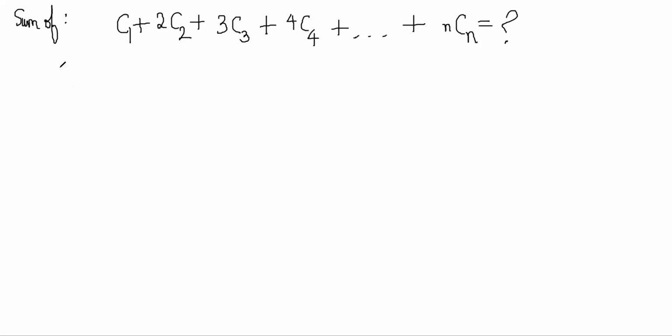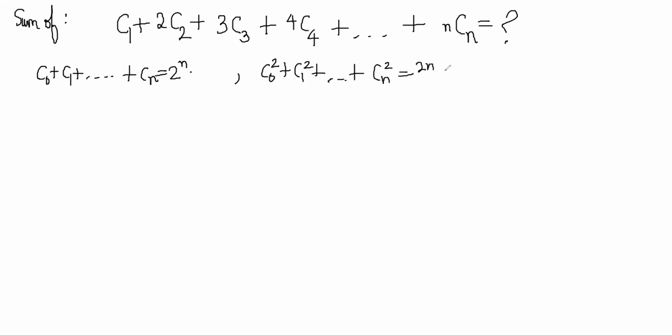So far we had done things like C0 plus C1 plus C2 plus C3 and so on, and we got the sum of this series, plus Cn, equal to 2 power n. We have also gotten this result, C0 square plus C1 square till Cn square is equal to 2n Cn.